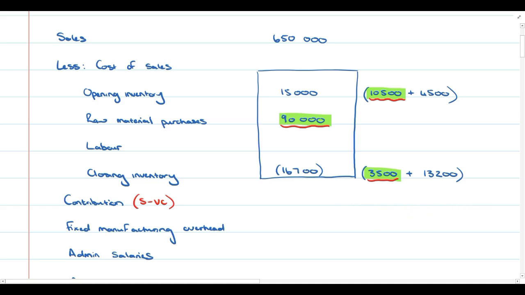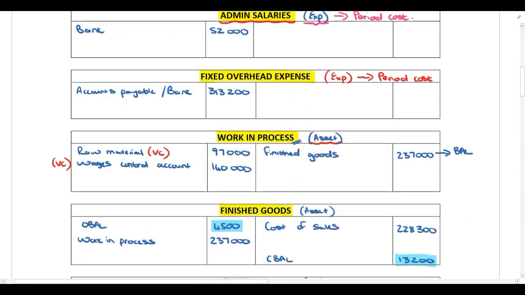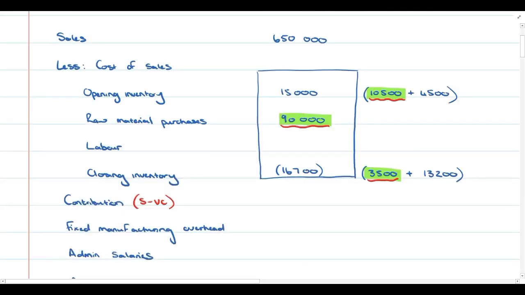Or in other words, if you look at your work in process account, it's the same cost that we took to work in process. And the same applies for direct labor. Remember, direct labor is a product cost. It gets included in inventory valuation. So we took it to work in process, and we have a value of 140,000 Rand.